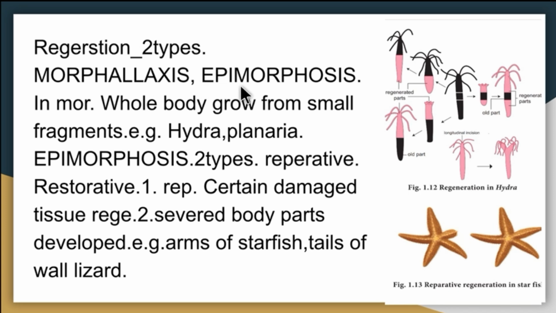Another one is epimorphosis. What is the meaning of morphallaxis? The whole body grows from a small fragment. Example, Hydra. Another one is planaria.